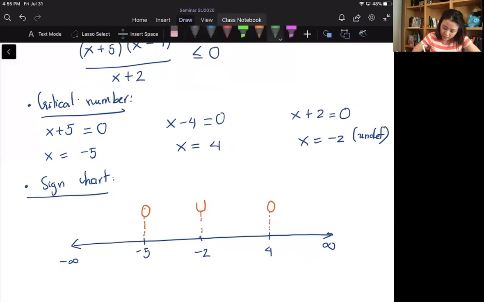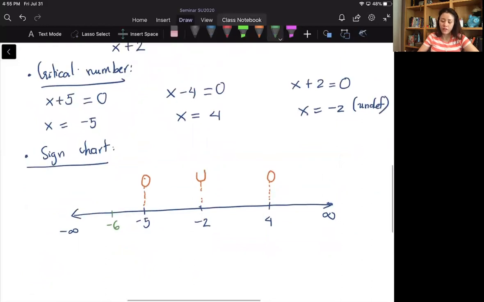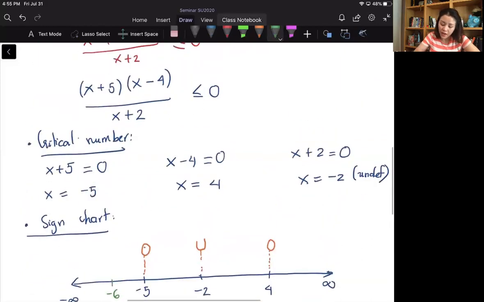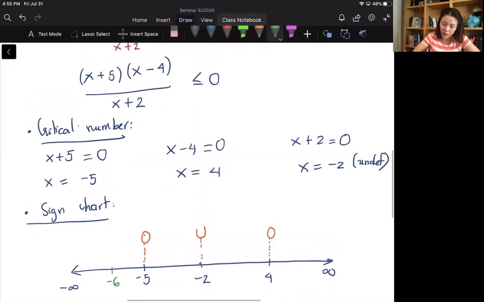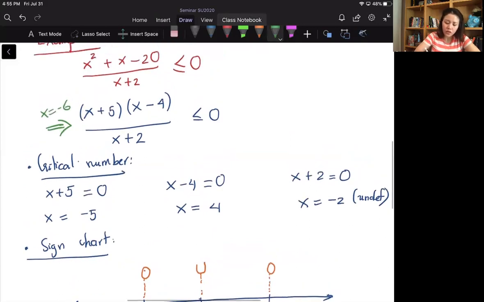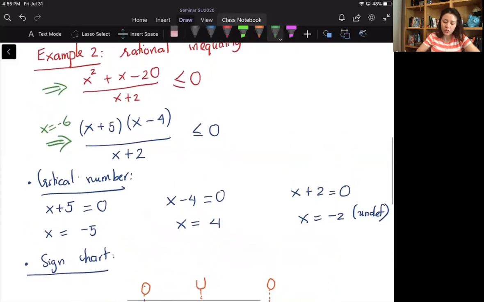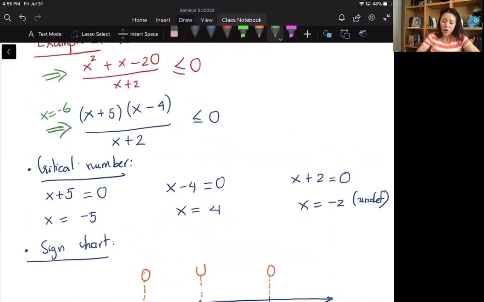You can pick any number as long as it's between negative infinity and negative 5, right? When I have negative 6 here, I'm going to plug x equals negative 6 into this one. You can plug into the first one, but I think it's easier to plug into the second inequality.